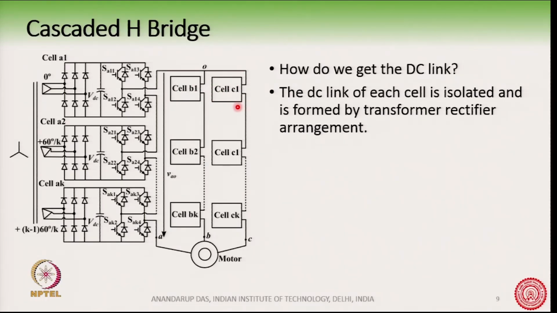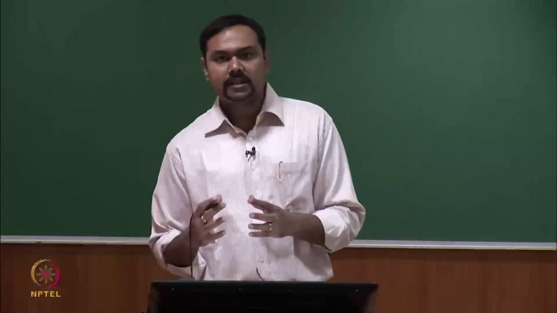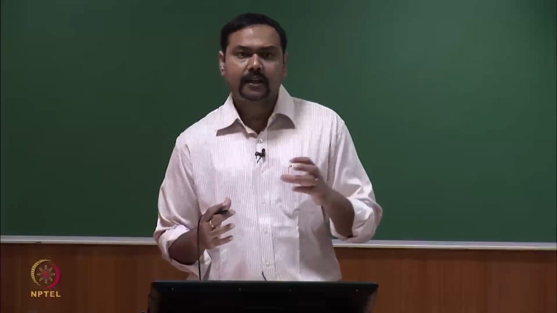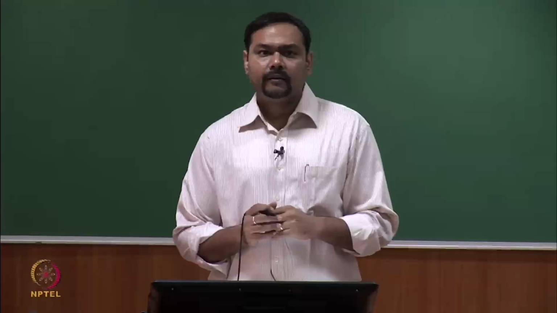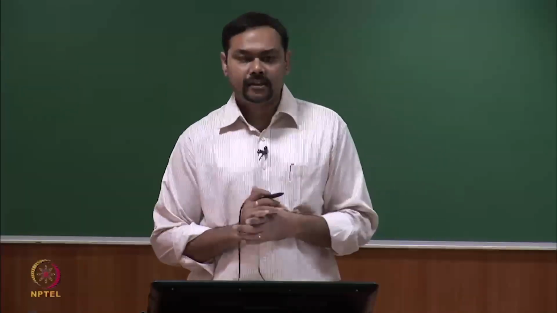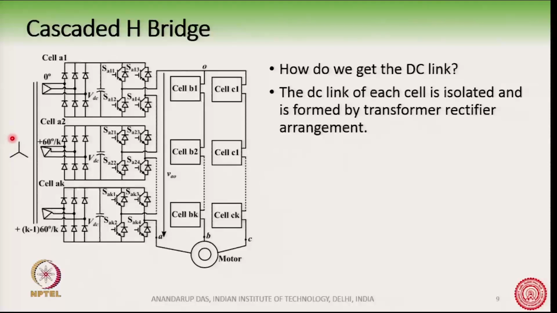So, basically it is quite a big converter with input rectifiers, capacitors and then cells, and these cells are connected in cascade. But this transformer with one primary and several secondaries actually helps in improving the power factor of the current which is drawn at the transformer primary.